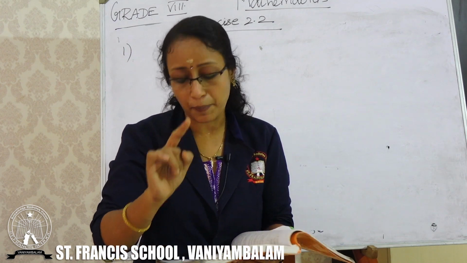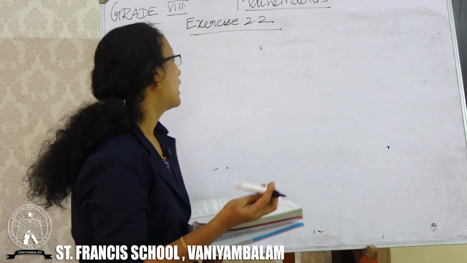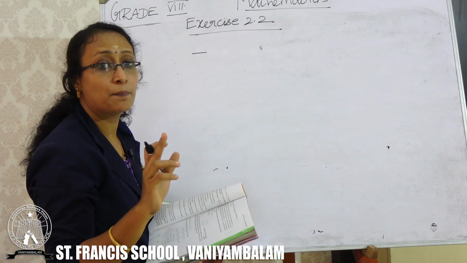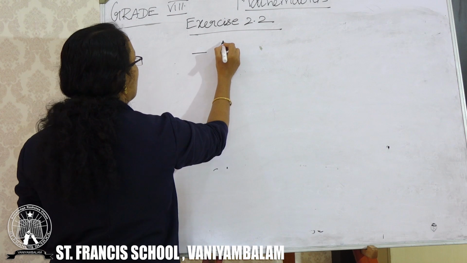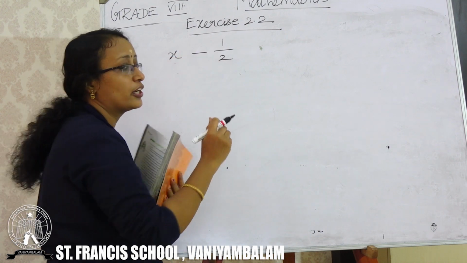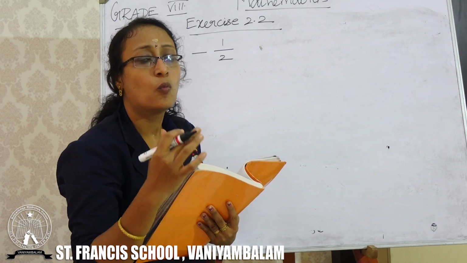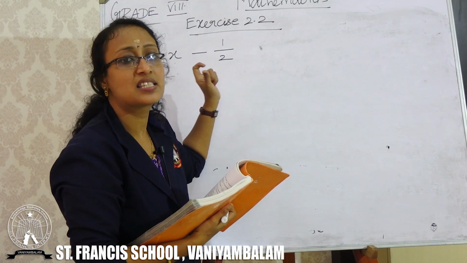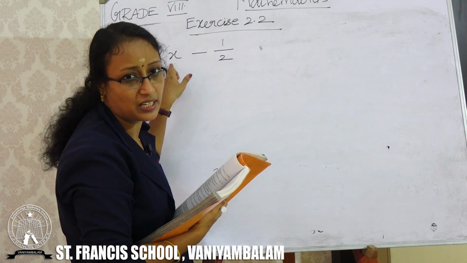If you subtract means the minus symbol. If you subtract 1 by 2 from a number, I am going to subtract the number 1 by 2 from another number. It is given subtracting 1 by 2 from the number.